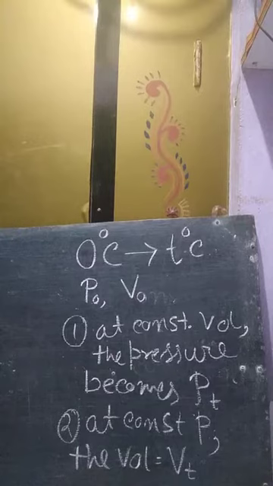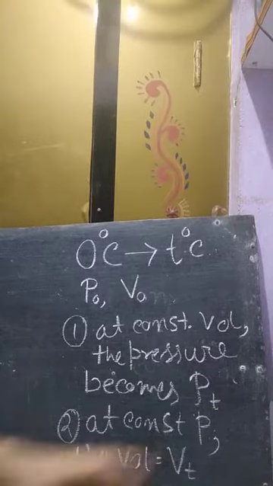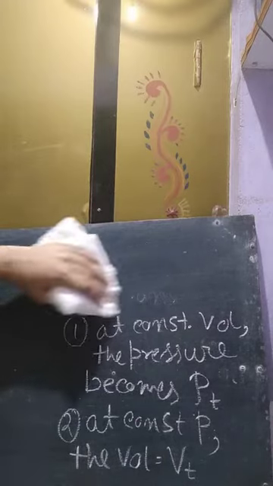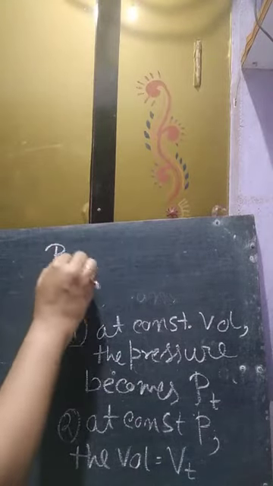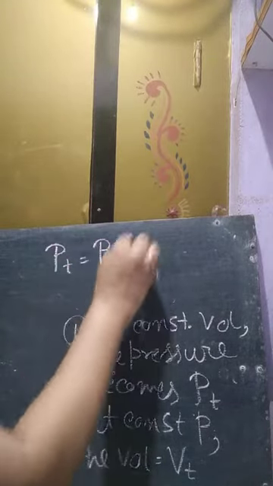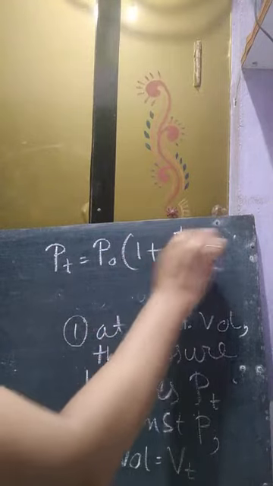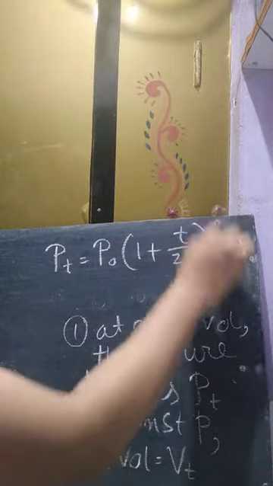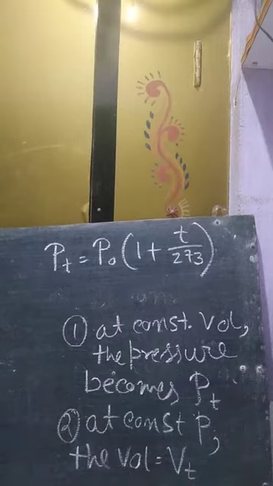Now, according to the pressure law, what can we say about this PT? PT can be written as P0 (1 + T/273). And what is this VT?